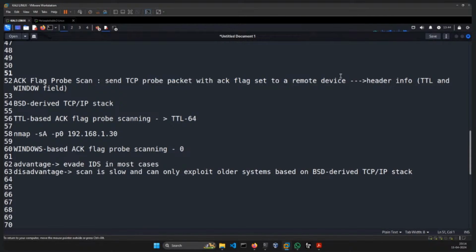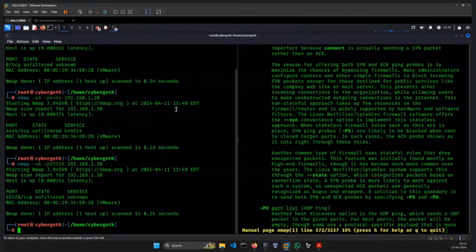Now we have to analyze the response of the victim and see based on these two fields, TTL and window field. If you check over here, you will see this does not mention the window size, I guess, right? This does not mention, but this will show you the time it has scanned.